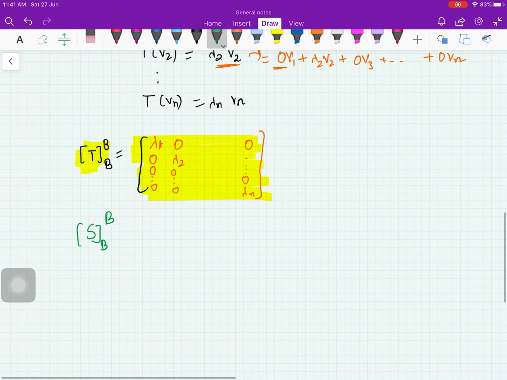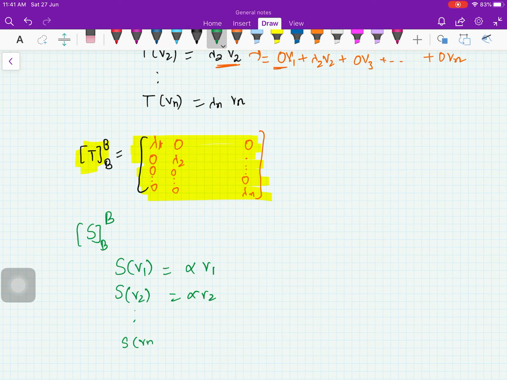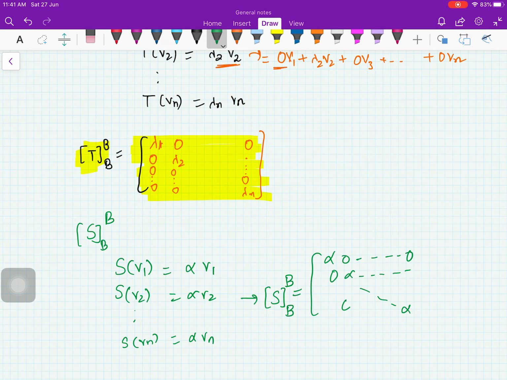Now similarly you can find out the matrix representation of S with respect to the basis B. For that, you have to find out S of V1. Now you see S is given as alpha into V1 and S of V2 will be alpha into V2 and so on. S of Vn will be alpha into Vn. So matrix representation of S with respect to the basis B will be alpha, 0, 0, 0, 0, alpha, 0, 0, 0 and so on. So you have a diagonal matrix.